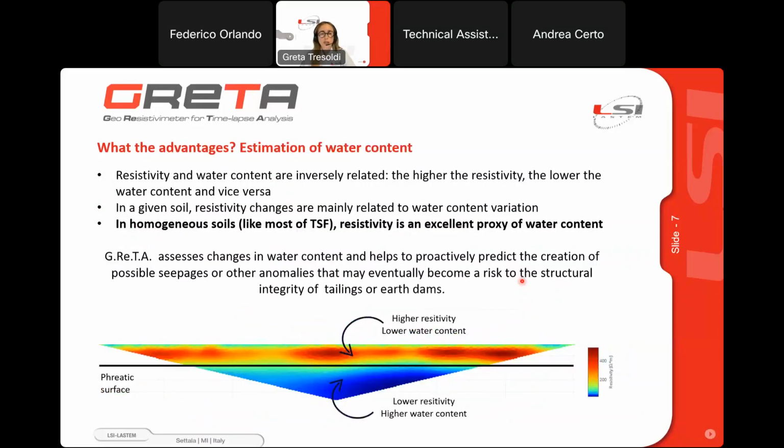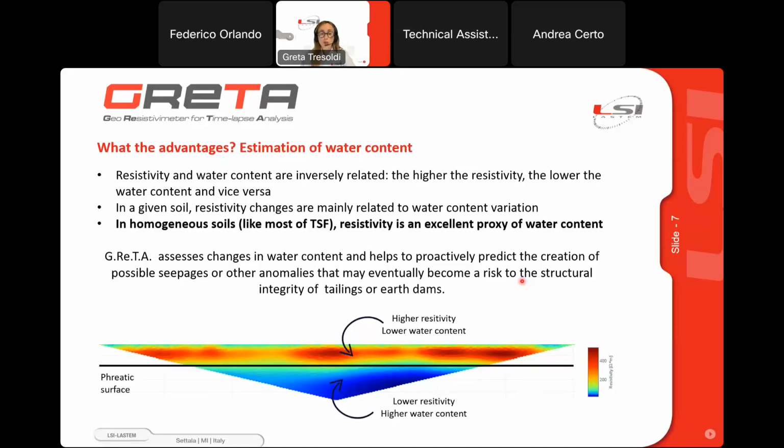So what are the advantages of this technology? First of all, the estimation of water content. Resistivity and water content are inversely related. So the higher the resistivity, the lower the water content, and vice versa. So since our system is installed in a given soil, the resistivity changes are mainly related to water content variation.